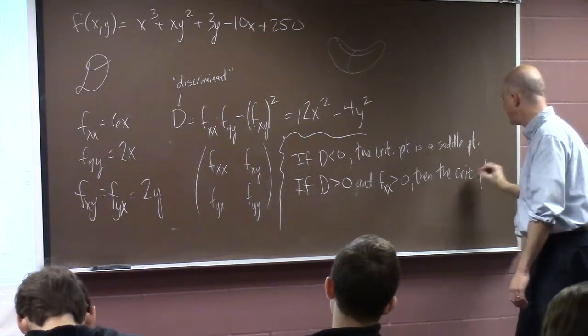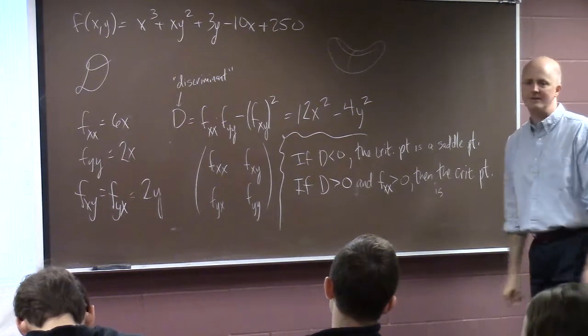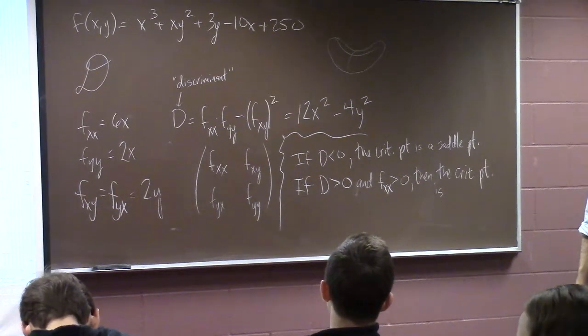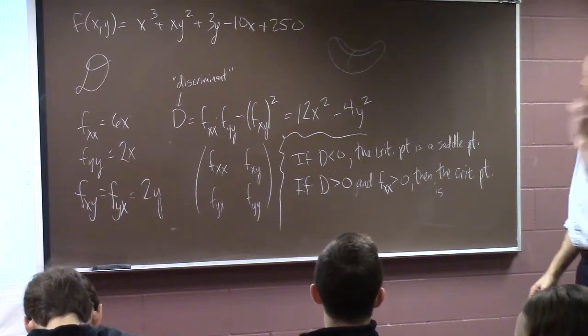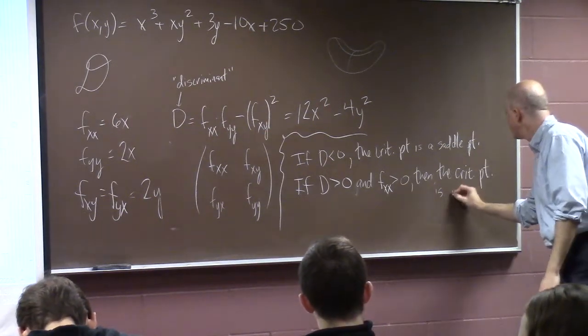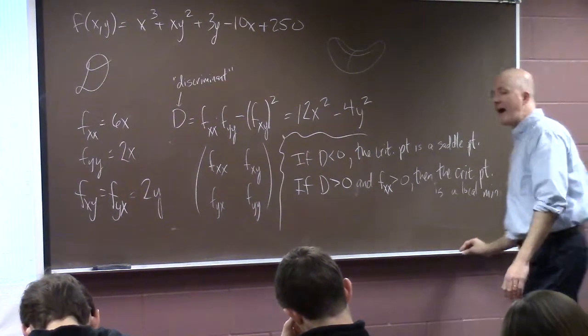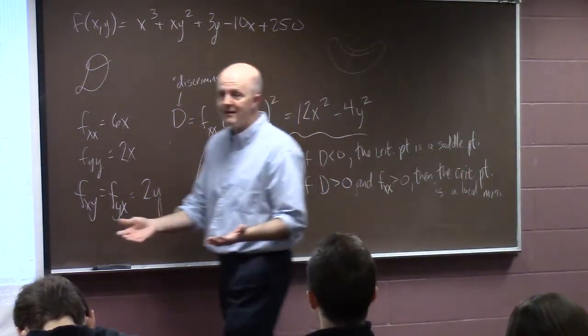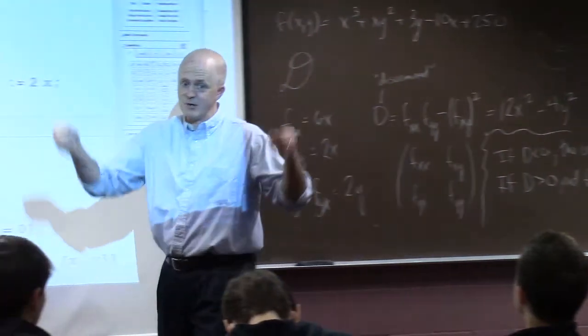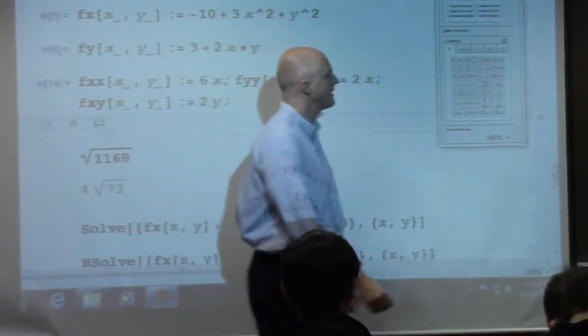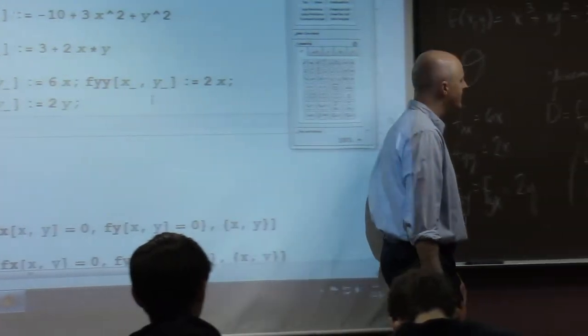Then the critical point is what? Say it louder. Local min. It is a local min. Back in calculus 1, the second derivative being positive meant your graph was concave up, which is intuitively why the point was a local min.